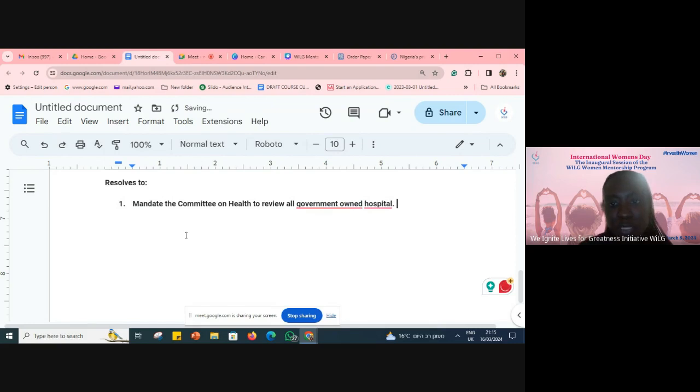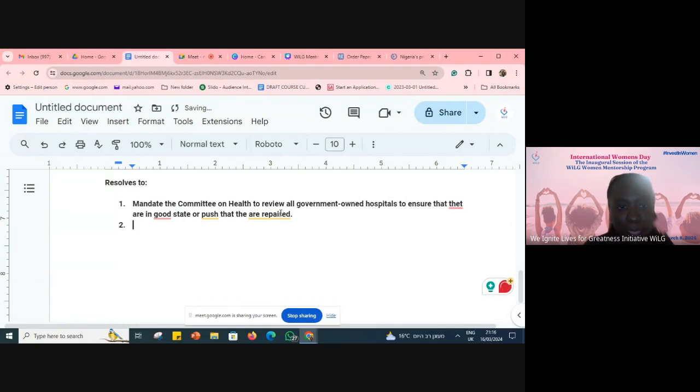So all government-owned hospitals should be reviewed, to ensure that they are in good state, or push that they are repaired. So something like that, just basically what you want them to do.